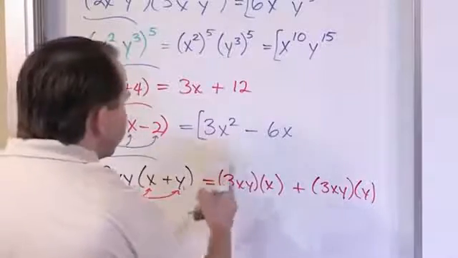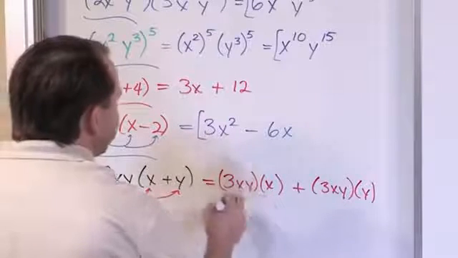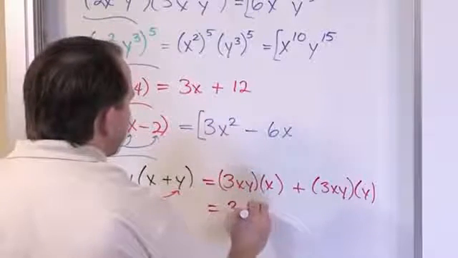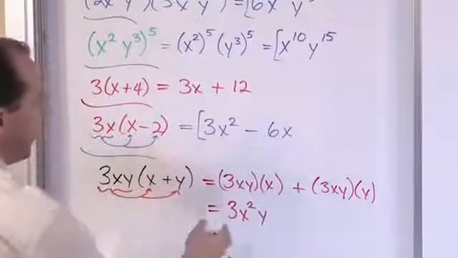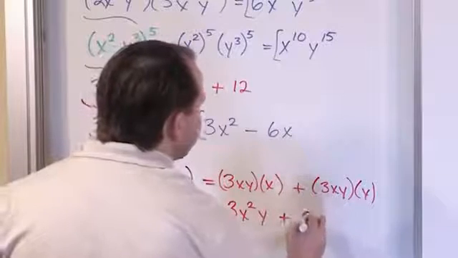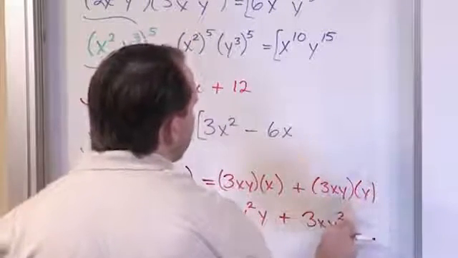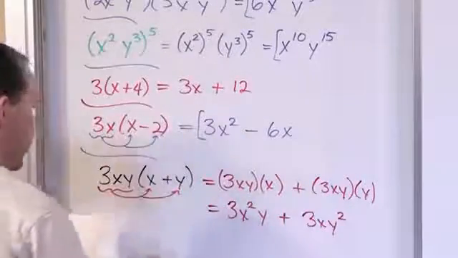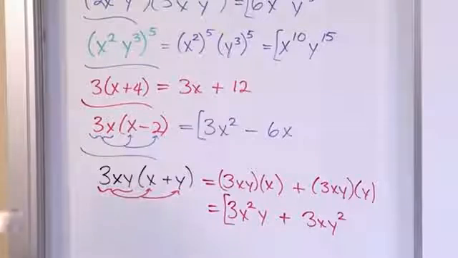And so when we simplify all of this, 3 times x times y times x, you're going to get 3 times x squared y, because x times x, the bases are the same, we add the exponents, everything else comes along for the ride, plus over here we're going to get 3 times x times y squared, because y times y will give us y squared, everything else comes along for the ride. So the answer is 3x squared y plus 3xy squared.